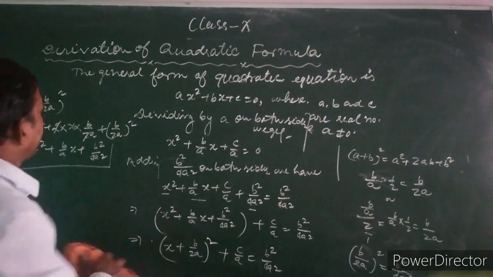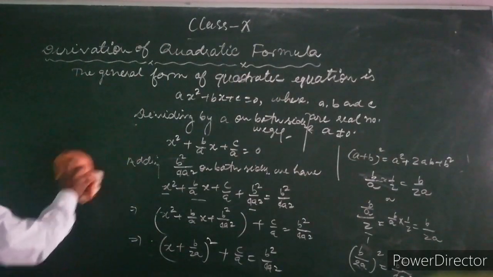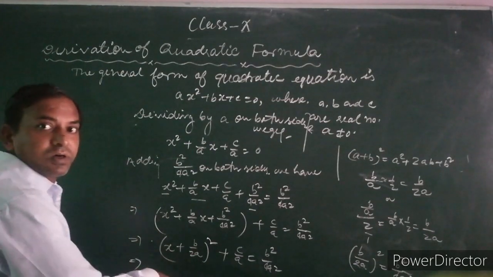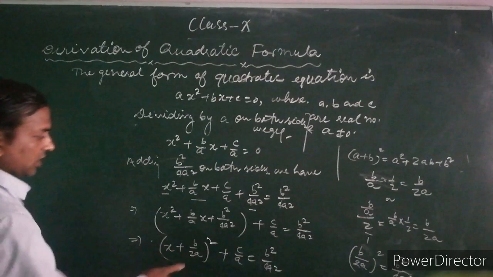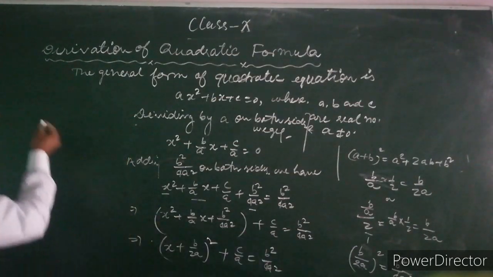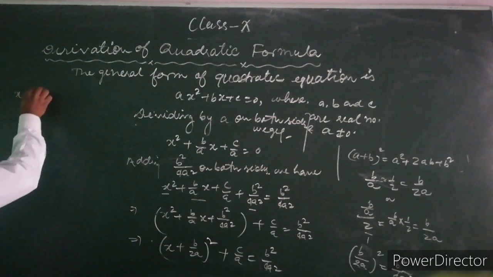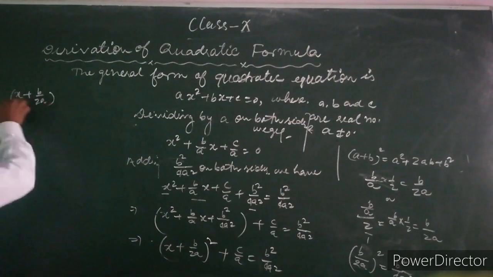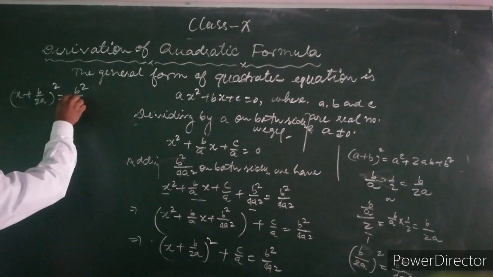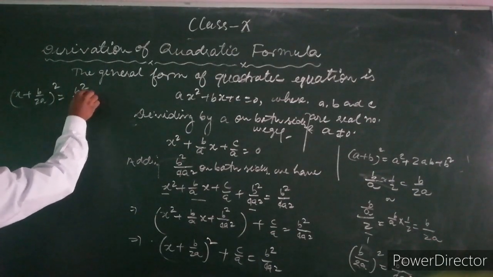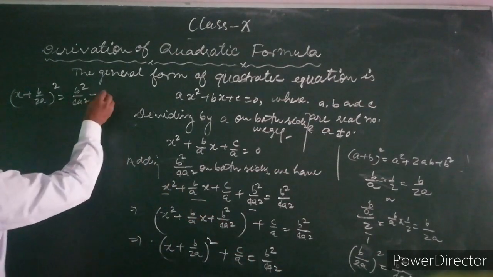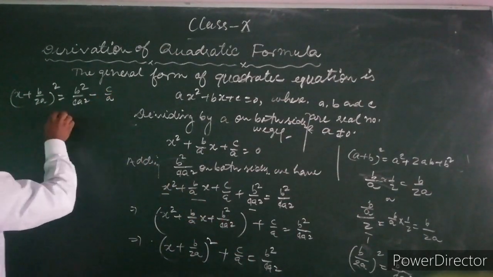Clear? After this, transpose c upon a to the right hand side. Here, (x + b/2a)² equals b²/4a² minus... if you transpose c upon a to the right hand side, you get minus c upon a.